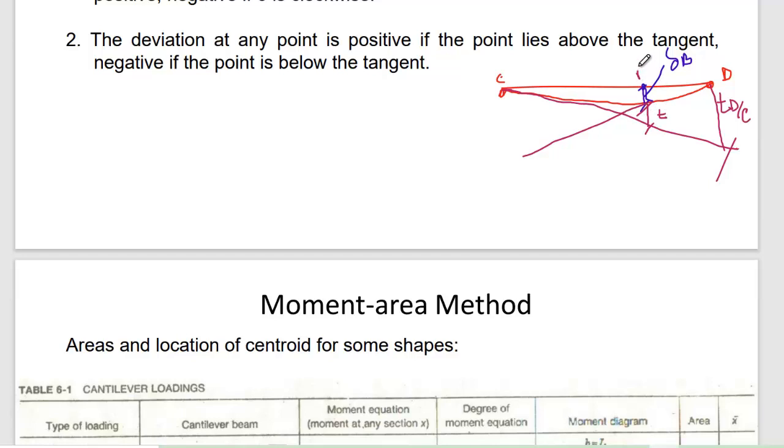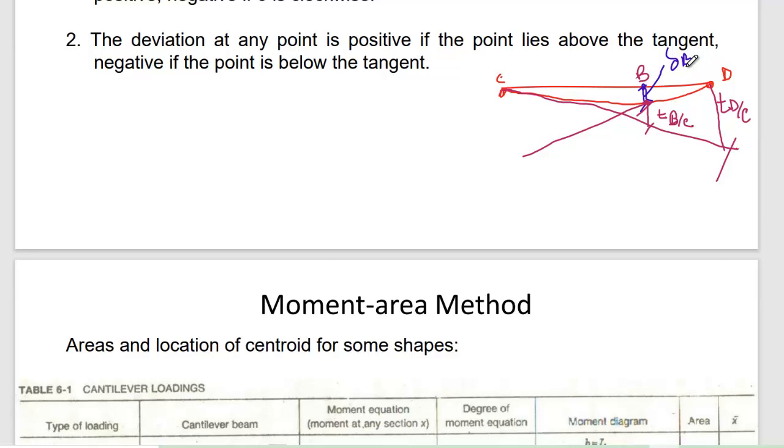If you consider this is point B, that would be B by C. So we can find out T B by C if you consider the one point at point B, right? But now still we don't know the value of del B, which is our main target.